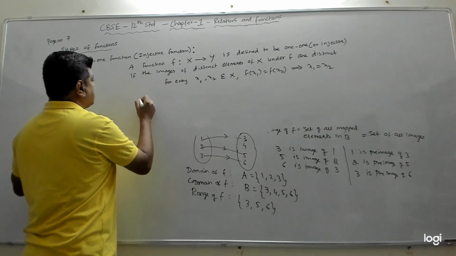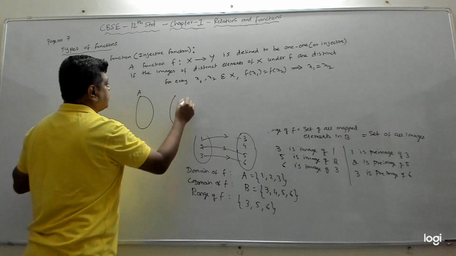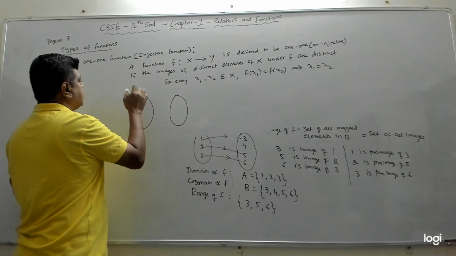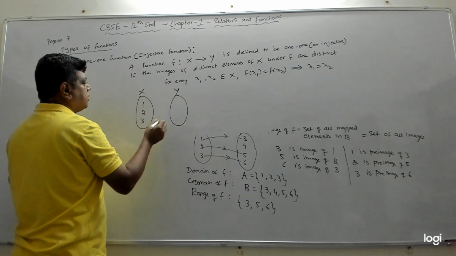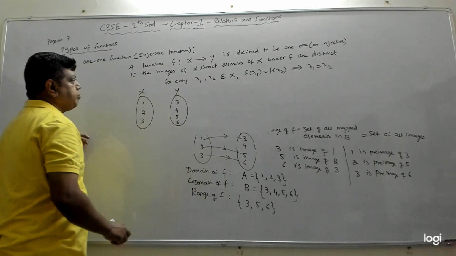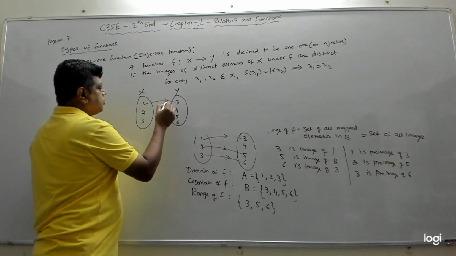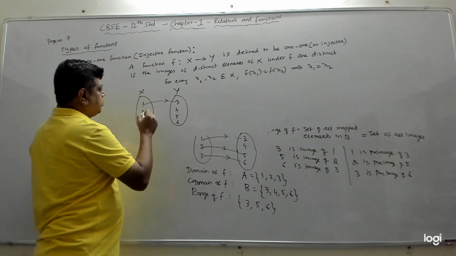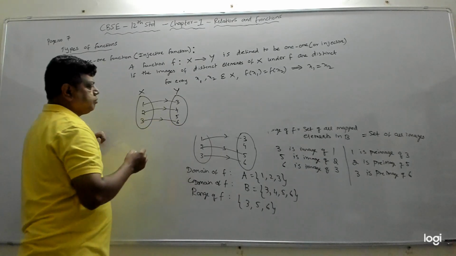Suppose f is a function from set x to set y, say x is 1, 2, 3 and y is 3, 4, 5, 6. Now suppose 1 goes to 3, 2 goes to 4, 3 goes to 6.